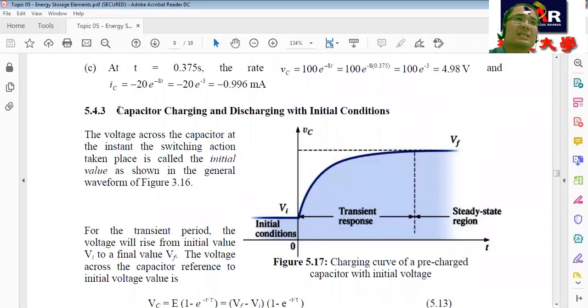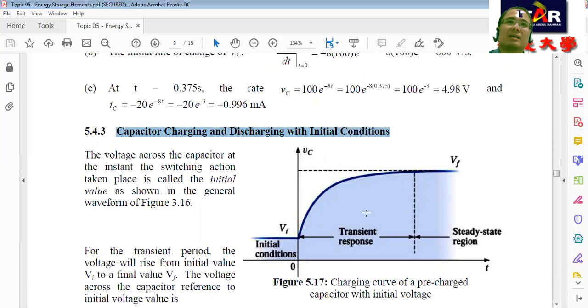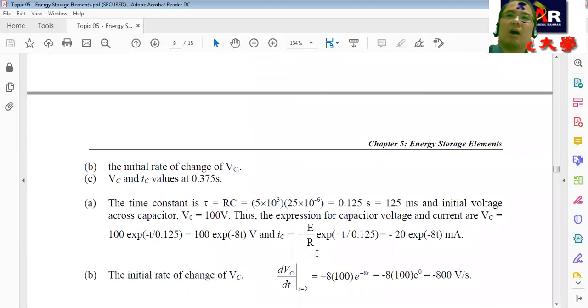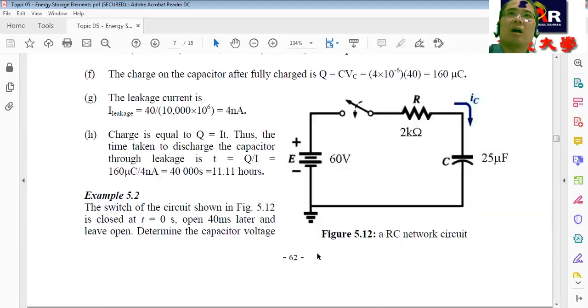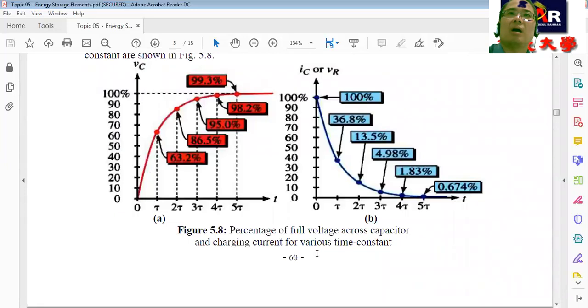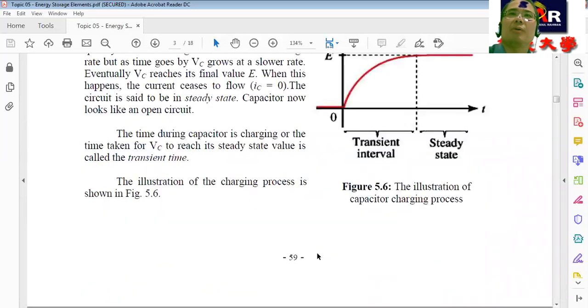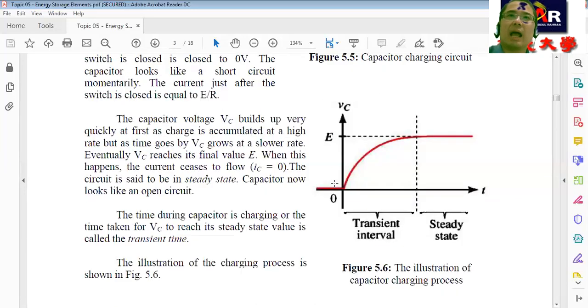Next, we cover capacitor charging and discharging with initial condition. Before that, we studied everything with zero initial condition.